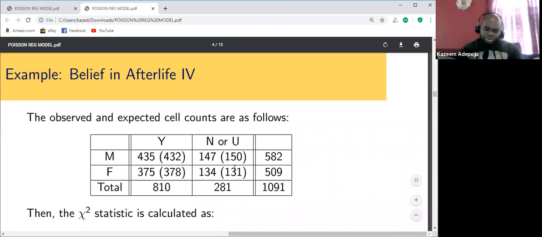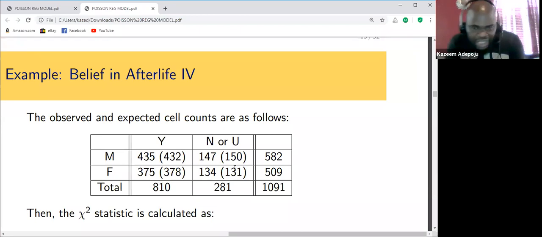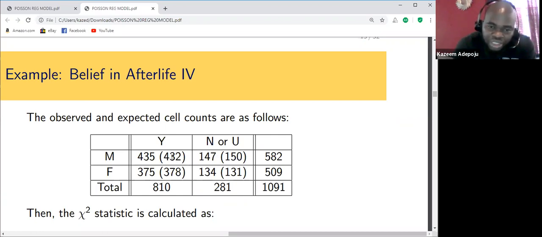Is there any one of you that needs clarification on how to do that? Silence implies that you guys are good. So 435, 147, 375, 134 are the observed values. And 432, 150, 378, and 131 are the expected values.